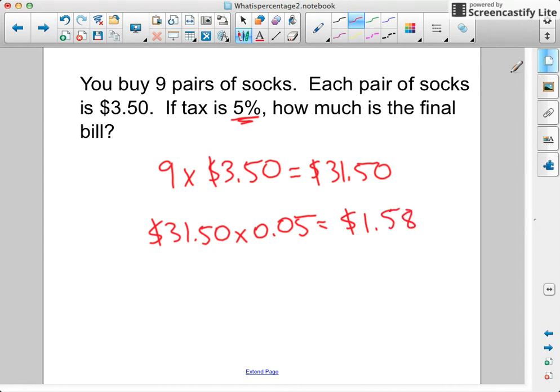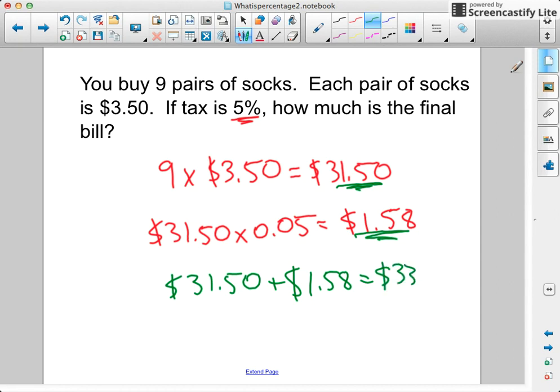So I have to take my total, my $31.50, add my tax of $1.58, and my total is going to end up being $33.08. So that's my final bill.